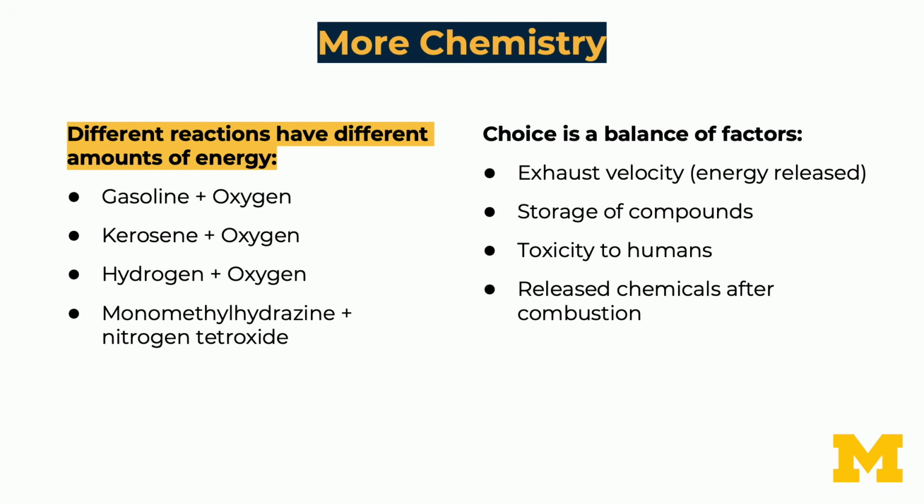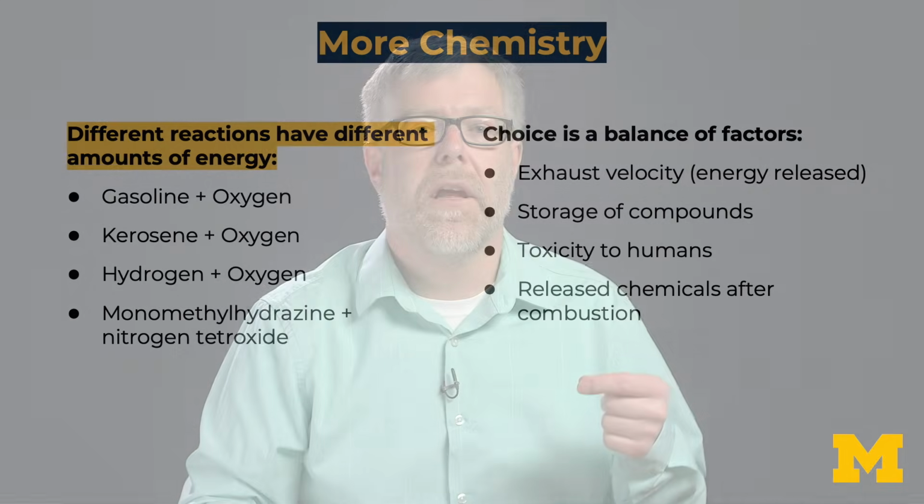So hydrogen is great as a rocket fuel, but it's hard to actually use because of the practicalness of storing it. So a lot of rocket manufacturers actually use kerosene as their rocket fuel of choice because kerosene is super easy to store.